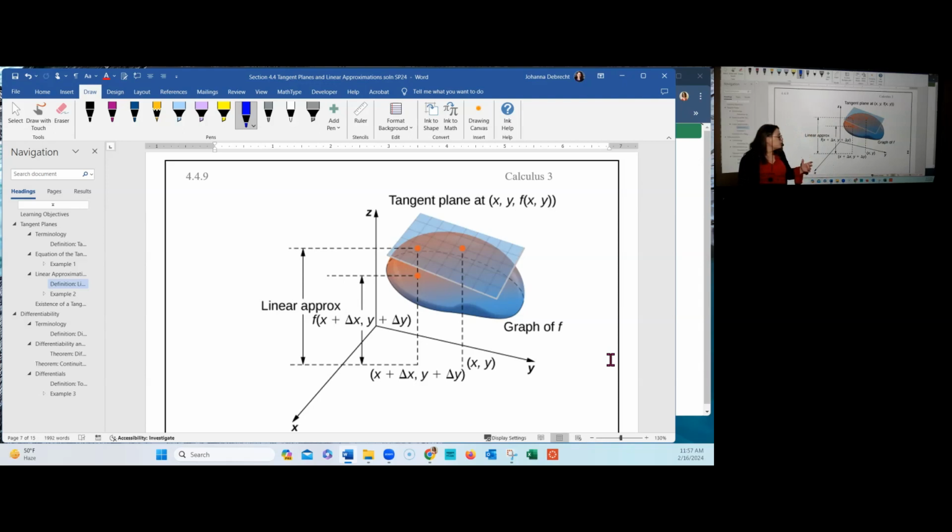So what we're doing is scooting over a little bit in the x direction, x plus delta x, and scooting over a little bit in the y direction, y plus delta y, to get our linear approximation on the tangent plane for the actual point that is up there on the surface.